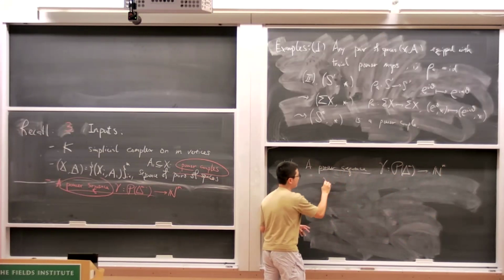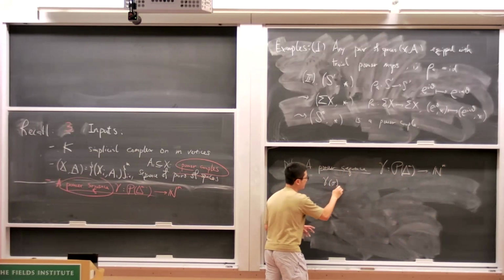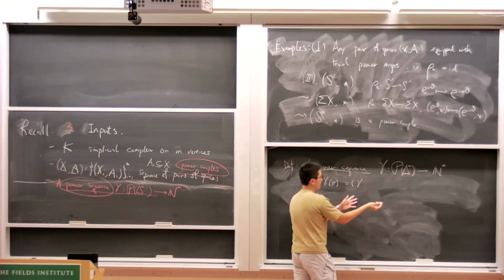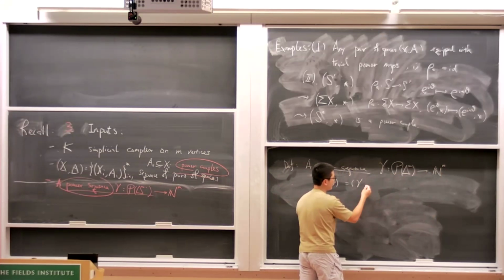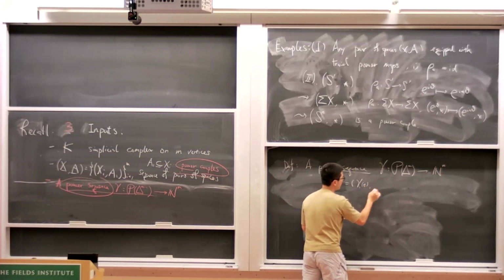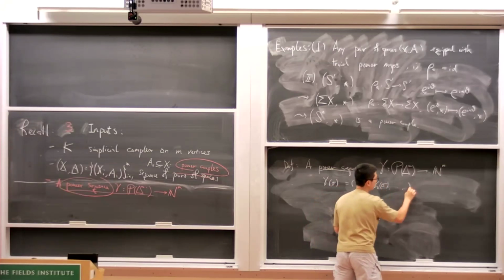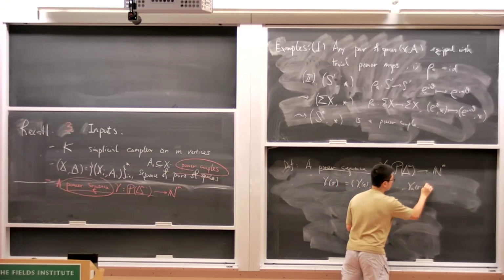For example, let's say I send a sigma, and then it equals some n-tuple of positive integers: gamma 1 sigma, gamma 2 sigma, and so on, gamma m sigma.